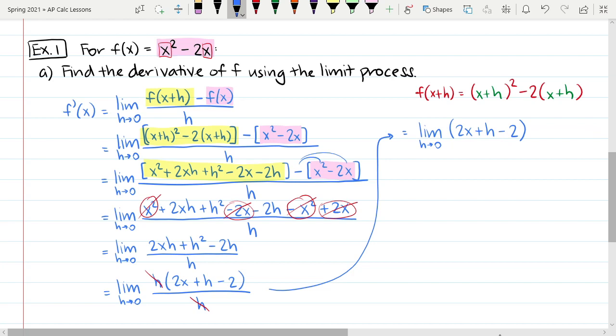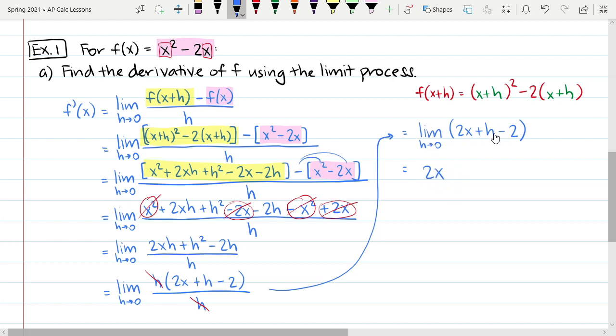So now let's do our final substitution here. Again, remember, because this is h approaching 0, we are only substituting for h. Any other variables that you see are considered almost like a constant. We leave it alone. So the limit of 2x as h approaches 0 is still 2x.